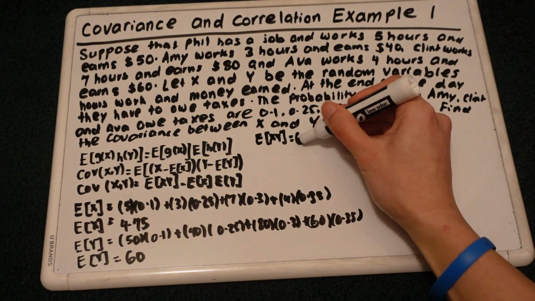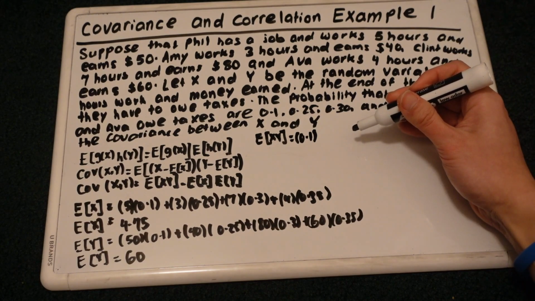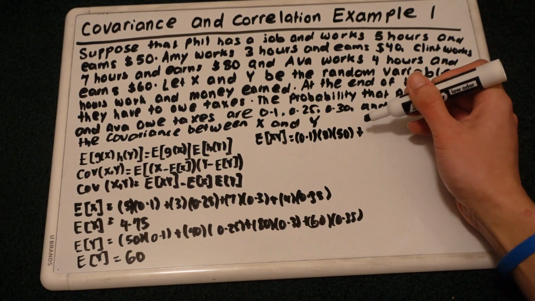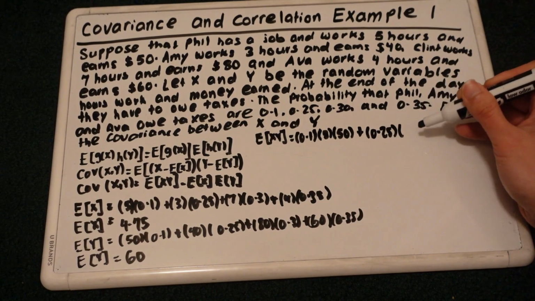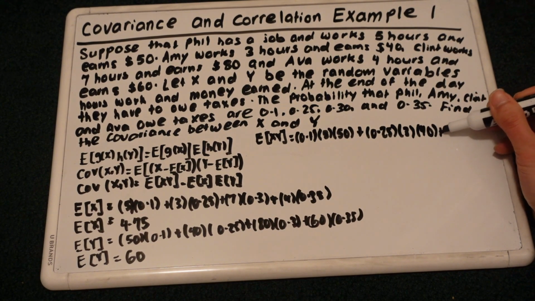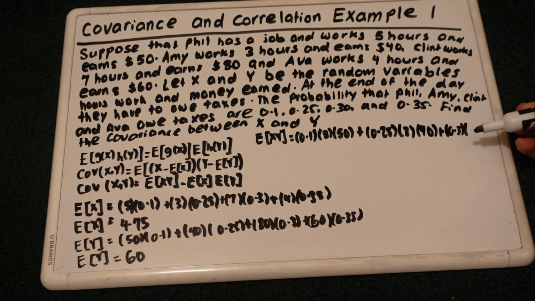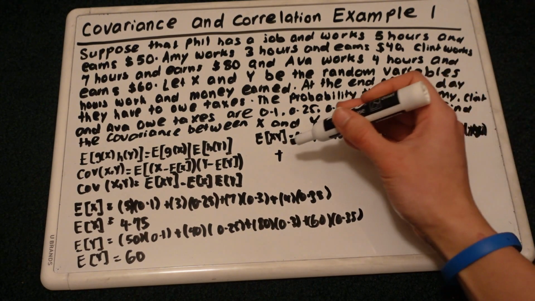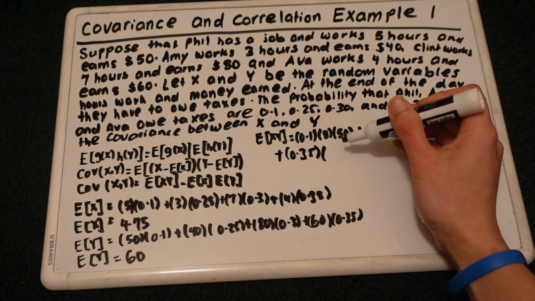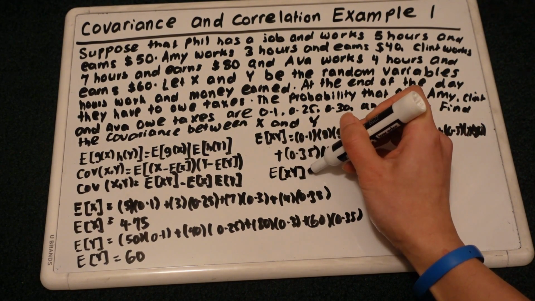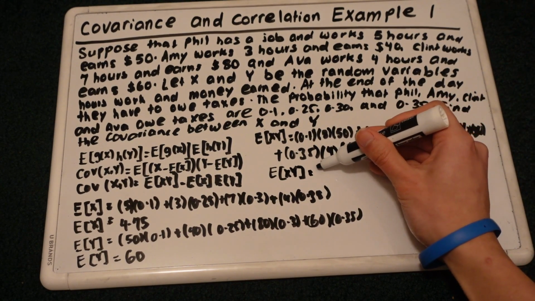So I can do 0.1 times 5 times 50 plus 0.25 times 3 times 40 plus 0.3 times 7 times 80 plus 0.35 times 4 times 60. Simplifying from here, we get 307.